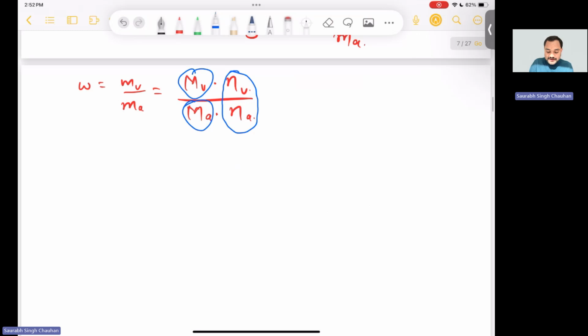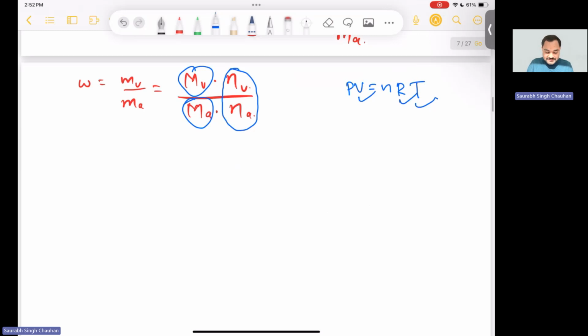Because from the ideal gas equation, PV is equal to nRT. T is the mixture temperature, that is the same for air as well as water vapor. R is the universal constant. Volume is the same for both vapor and air, because this V will be equal to the volume of the mixture. So the ratio of moles will be equal to the ratio of partial pressures.